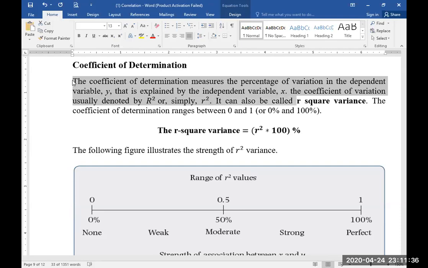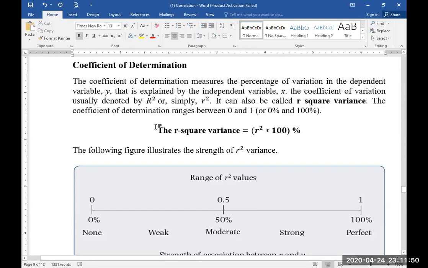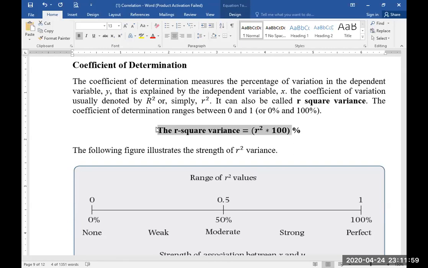It can also be called r square variance. The coefficient of determination ranges between 0 to 1, or in percentage 0% to 100%. The formula for the coefficient of determination is r square multiplied by 100%.